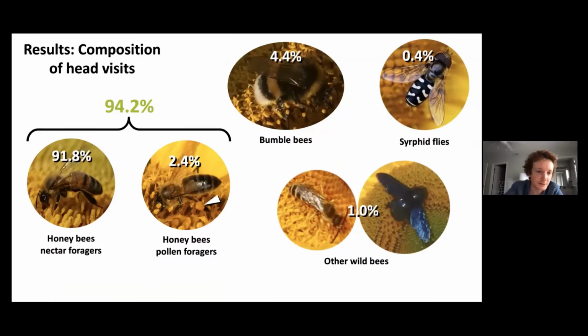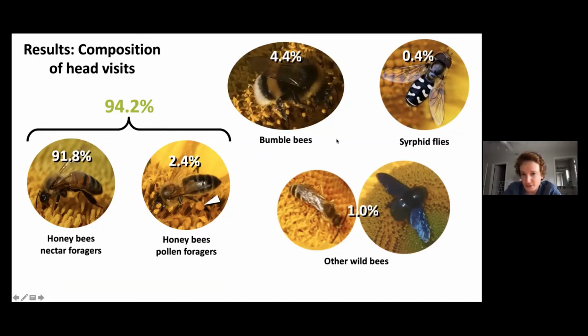So as the first results, the head visits were composed in majority by the honeybees, which realized 94.2% of the whole pollinator community, and the honeybees were composed in majority by nectar foragers, which was 91.8%, and in minority by pollen foragers, which were only 2.4%.